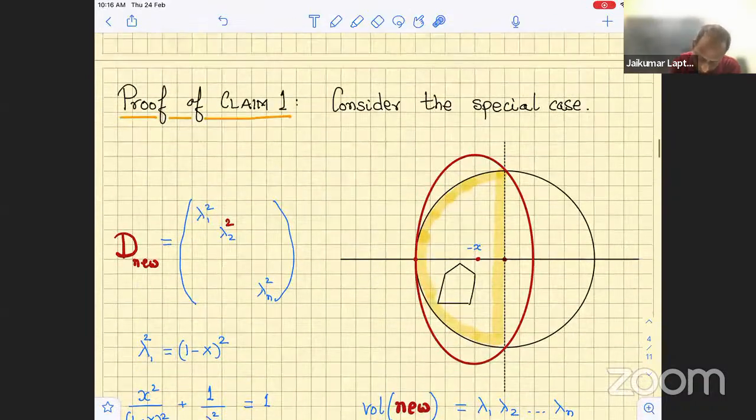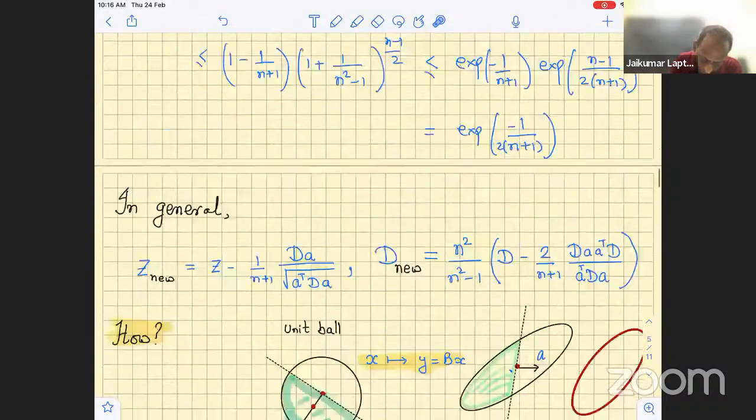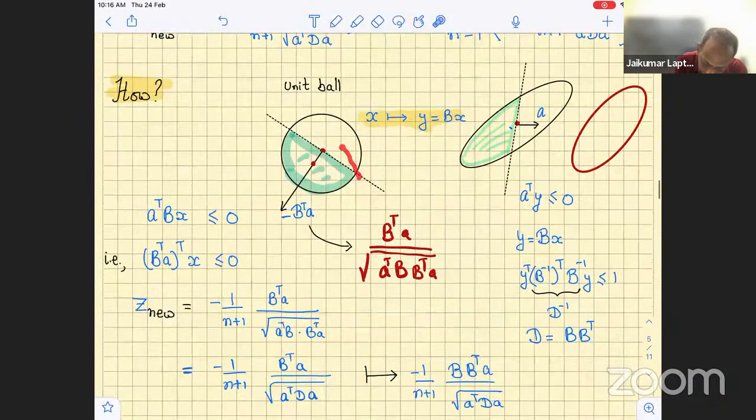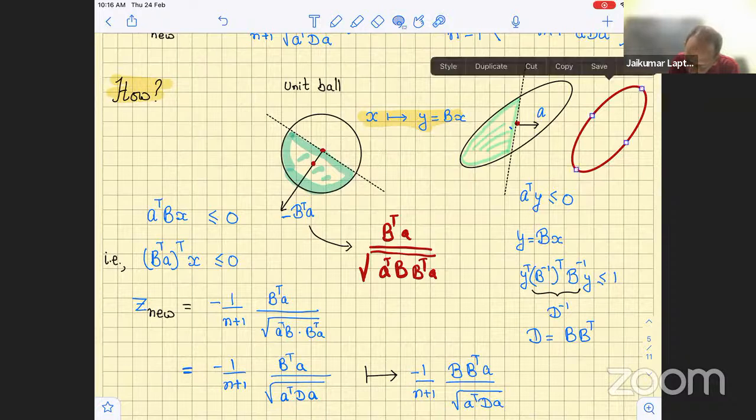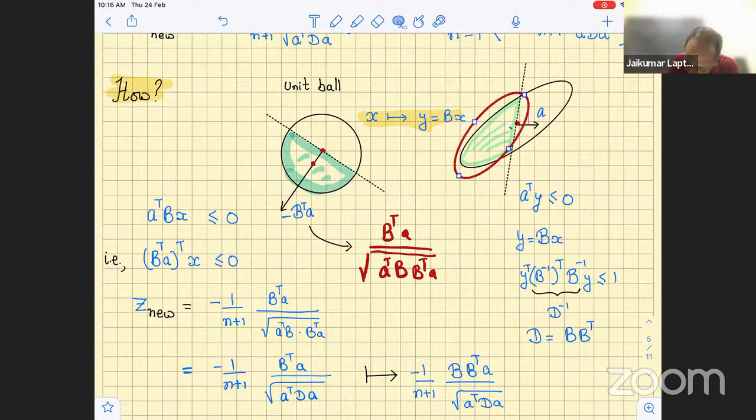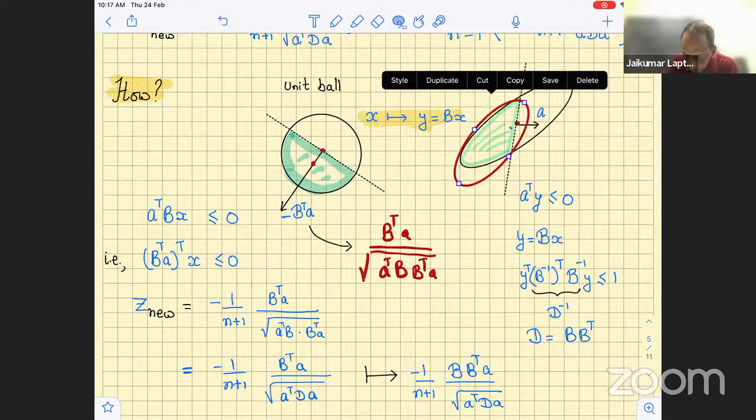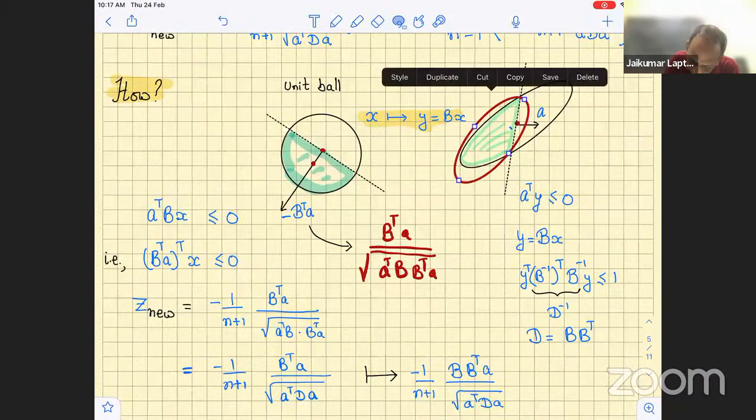So I take this ellipsoid here and apply the transformation B back, and that will result in some ellipsoid. Let's see, maybe it is this one. And that ellipsoid, I don't know, it's not moving properly.